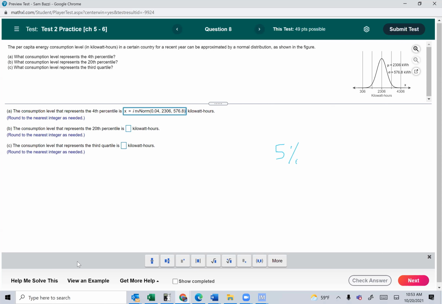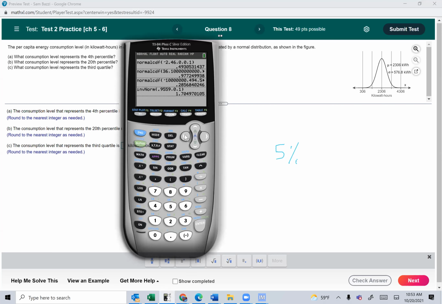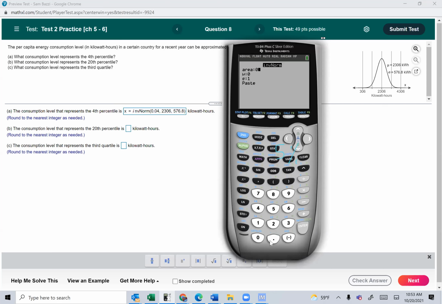Let's do it. I'm going to do this one and give you the answer. Second variables, inverse norm. Okay, now let's put the values: 0.04, 2306, and then the standard deviation 576.8.